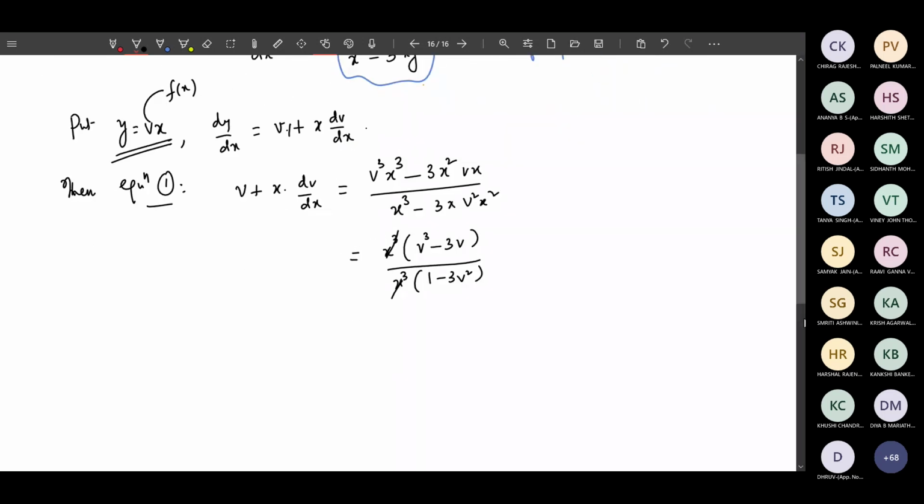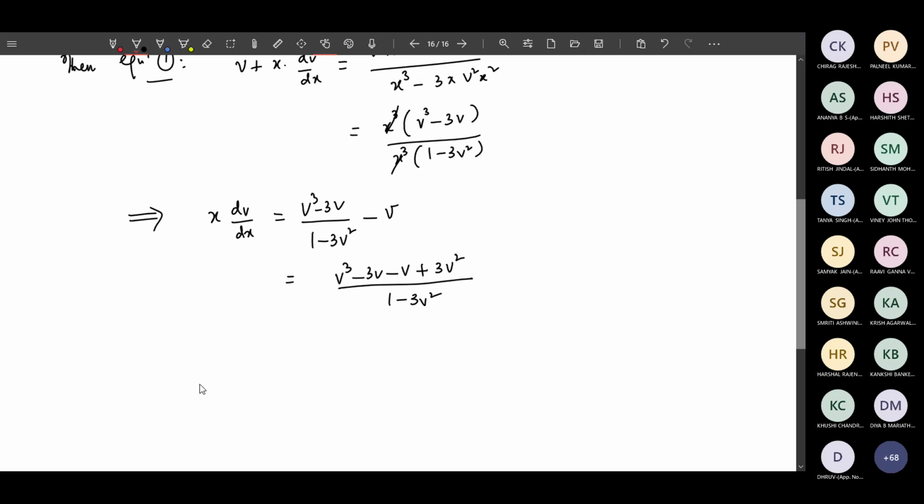So the entire equation is converting to v, dv and x, dx in the following way. x dv by dx equals (v cube minus 3v) upon (1 minus 3v square), and the v on the left hand side you take to the right hand side and take the LCM. That gives v cube minus 3v minus v plus 3v cube upon 1 minus 3v square.